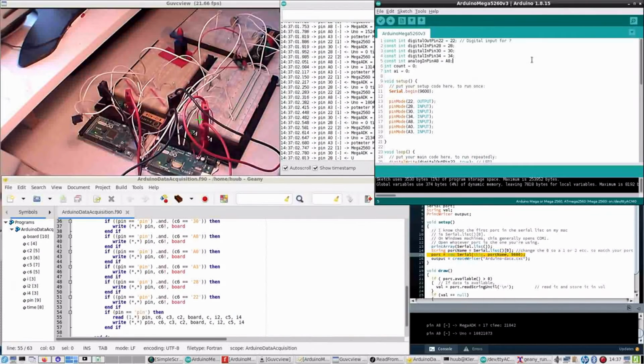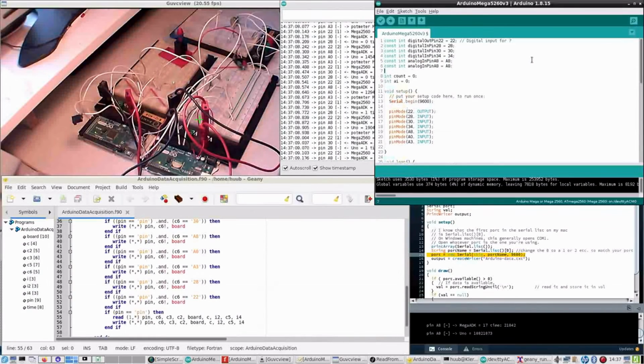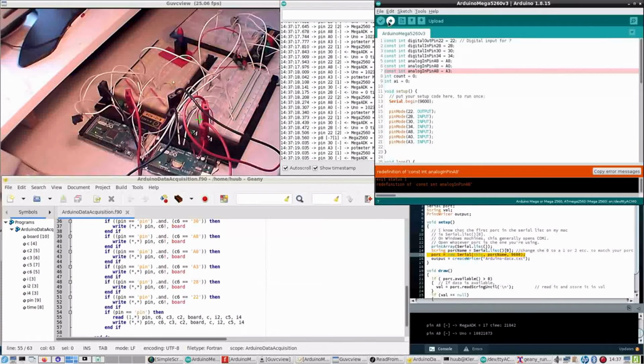Oh, I may have forgotten to put some values straight in here. So this is then a 0 and a 3. It might be that is the culprit. Redefinition, yeah. And this also. So let's go again.